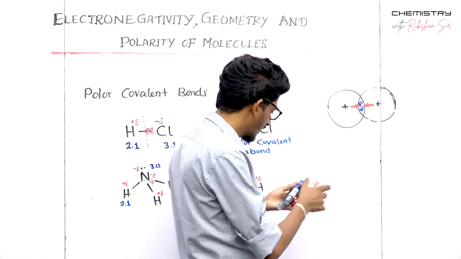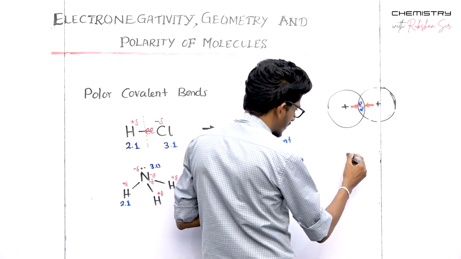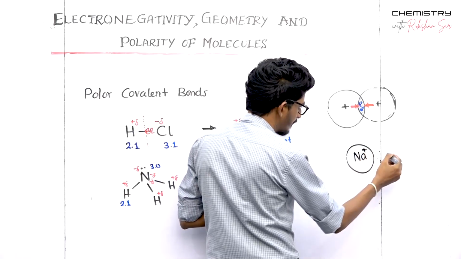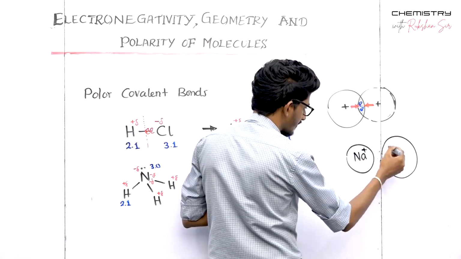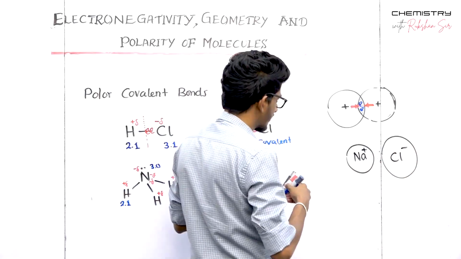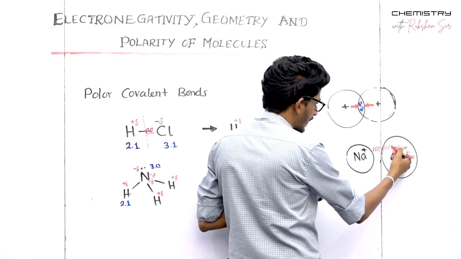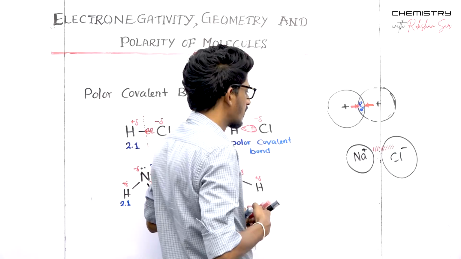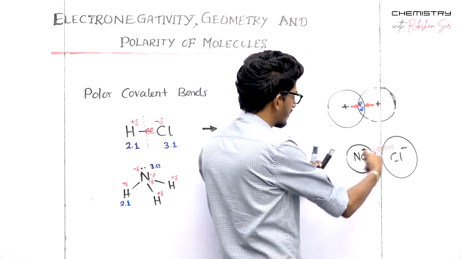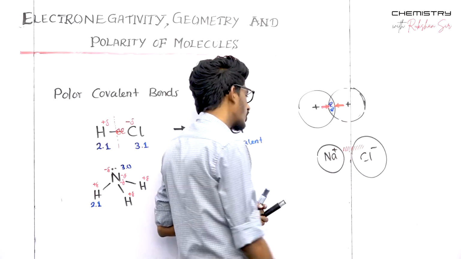And when it comes to an ionic bond, see the ionic bond in NaCl. So Na plus and Cl minus. Those two particles, those two masses, are attracted here by the opposite charges. So the way of connecting masses is by attracting the masses by electrostatic attractions of two opposite charges.